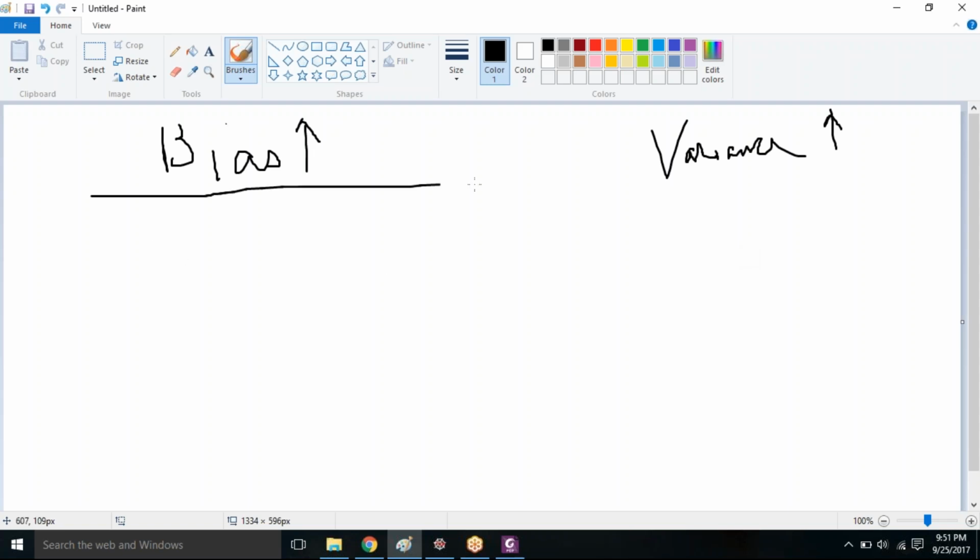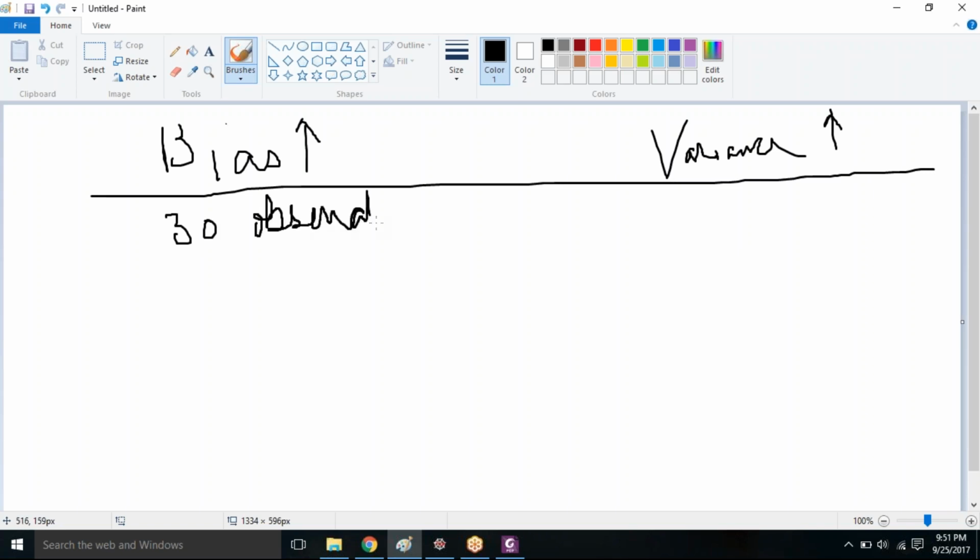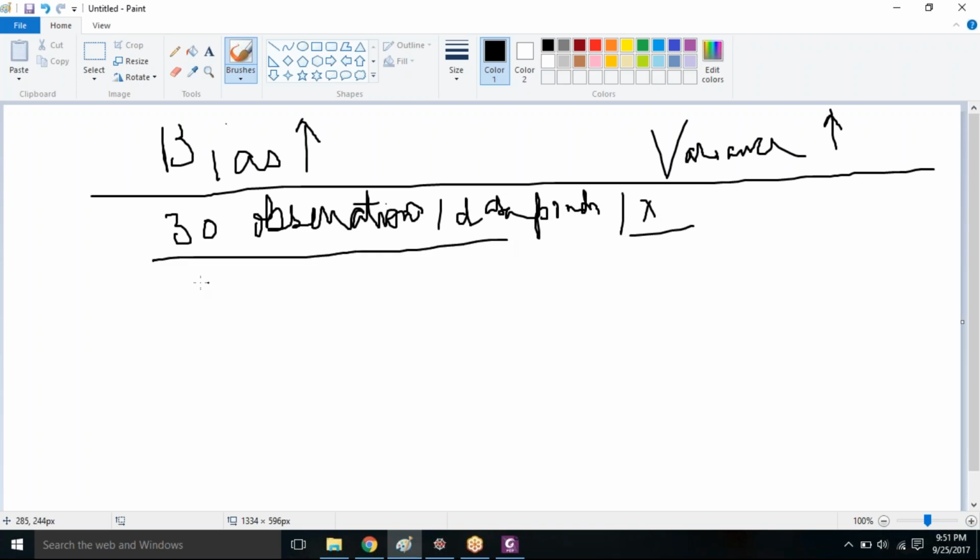A typical approach taken to choose the best model is from your historical data. Suppose you have 30 observations, or data points, in the historical data. What I will do is keep 10 data points in reserve.